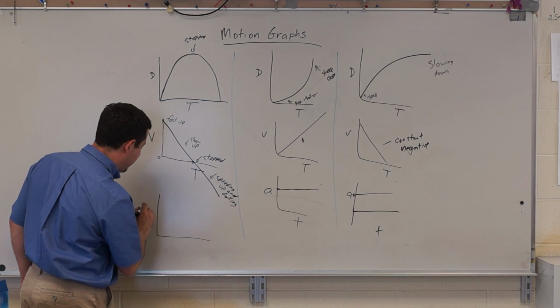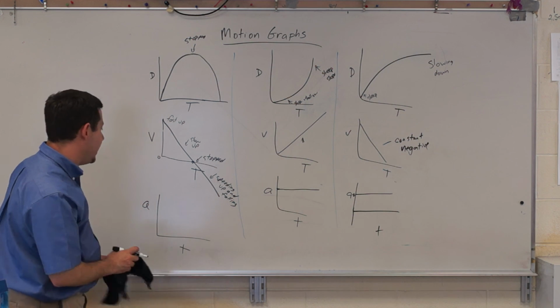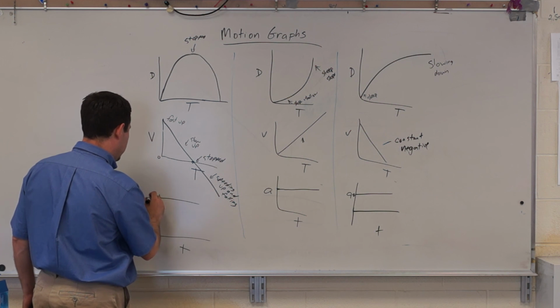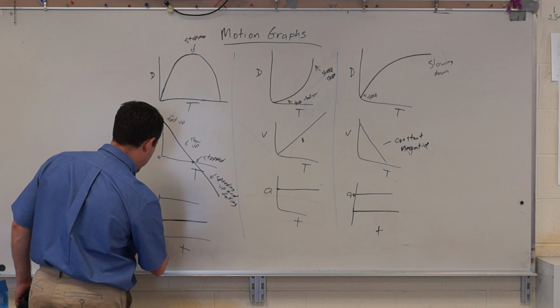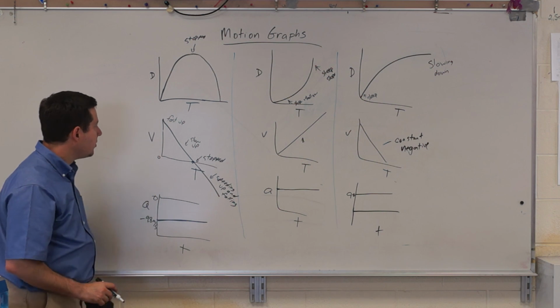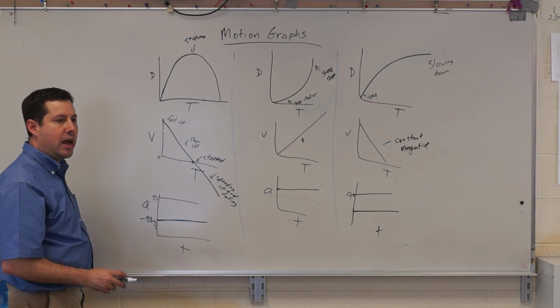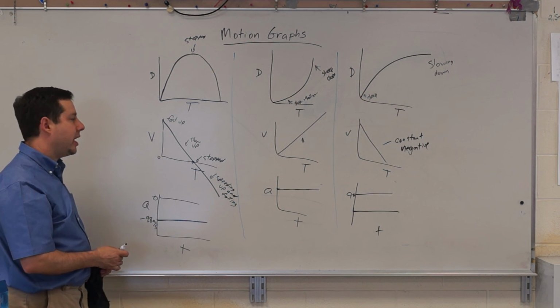And so even for something like this, your slope is constant. The difference is that it's a negative constant. So if that is the number 0, your acceleration could be negative 9.8 meters per second squared. So this is what the motion graphs would look like for an object thrown up in the air and then falling back down.